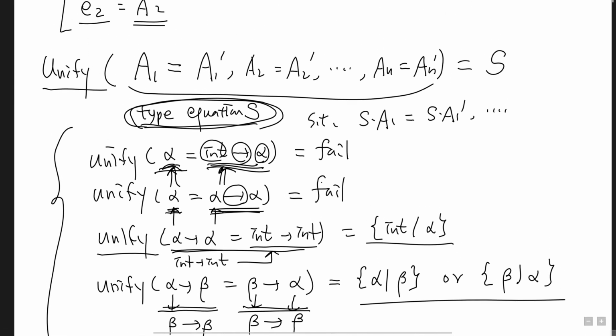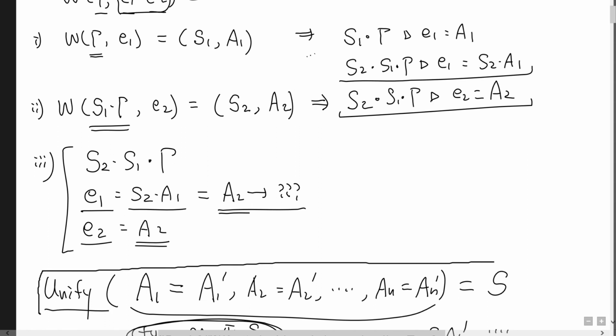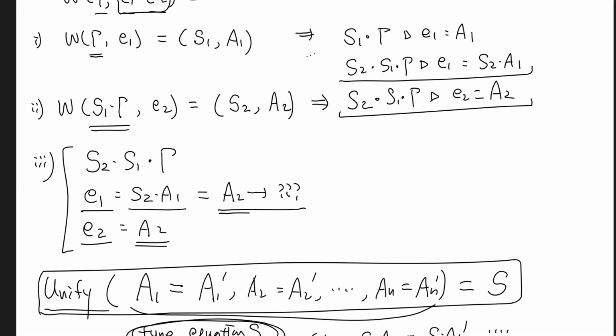Now, let's suppose that we have developed this unification algorithm. What we do now is we know that expression E1 has type S2 A1, but we should be able to unify this type against this function type.